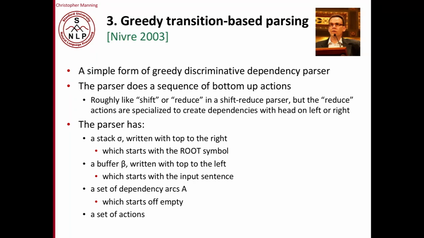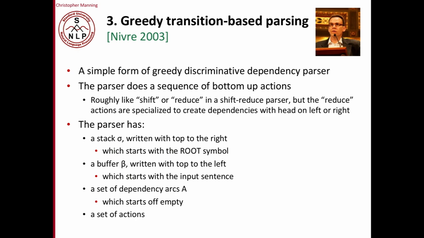This was a notion of parsing mainly popularized by Joakim Nivre, a Swedish computational linguist. It's inspired by shift-reduce parsing. Probably in CS 103 or a compilers class or something, you saw a little bit of shift-reduce parsing.